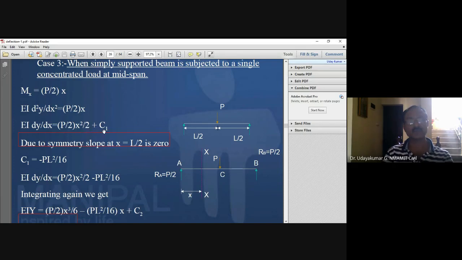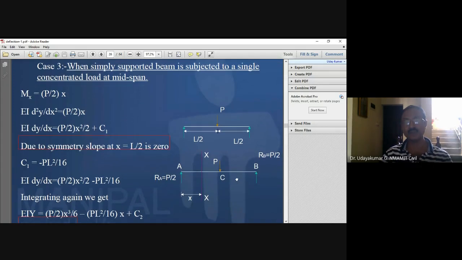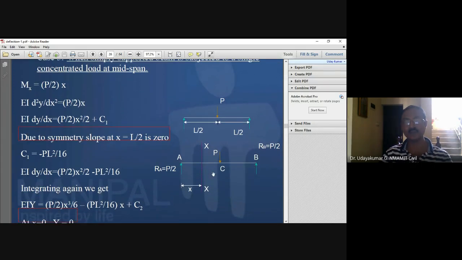C1 you get, and due to symmetry, slope is 0 at x equal to L by 2. If you draw the deflected curve like this, it is a parabola, and slope is 0 at the midspan. So at x equal to L by 2, slope is 0.